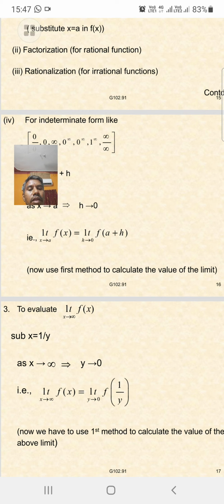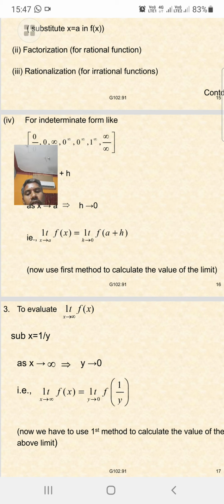To evaluate limit x tends to infinity, f of x, substitute x equals 1 by y. As x tends to infinity, that implies y tends to 0.